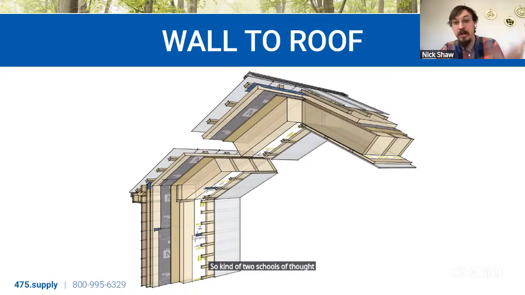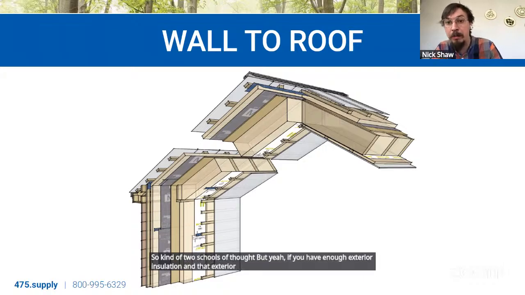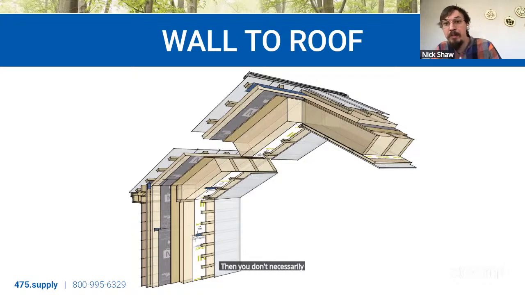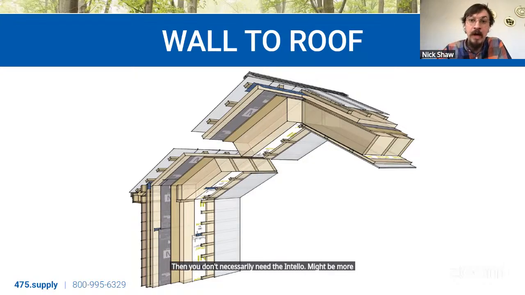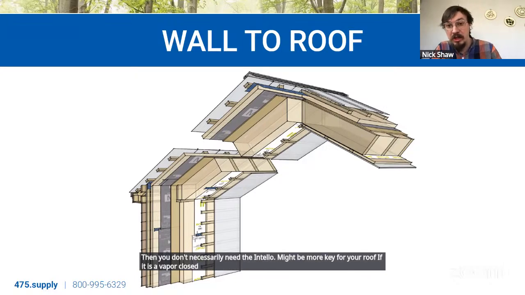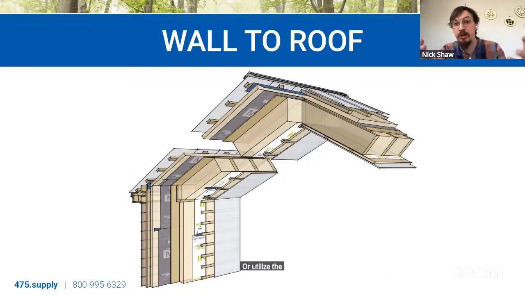But yeah, if you have enough exterior insulation and that exterior insulation is vapor permeable, then you don't necessarily need the Intello. Might be more key for your roof. If it is a vapor closed exterior insulation, I would still rely on the Intello or utilize the Intello because you're not drying through diffusion towards the exterior.